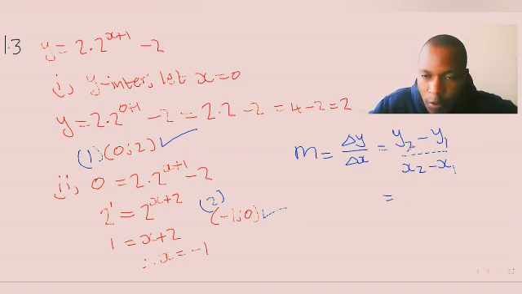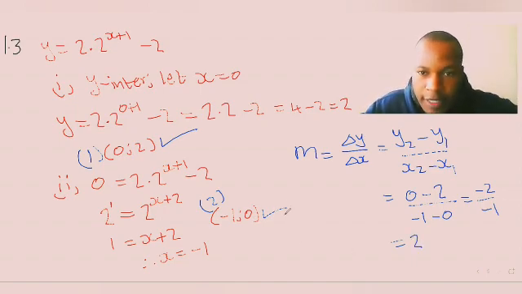So y2 would be 0 minus y1, which is 2, divided by x2, which is -1, minus x1, which would be 0. So this simplifies to -2 divided by -1, which is just 2. So the gradient between the 2 points that we've just calculated is 2, which is what the question wanted.